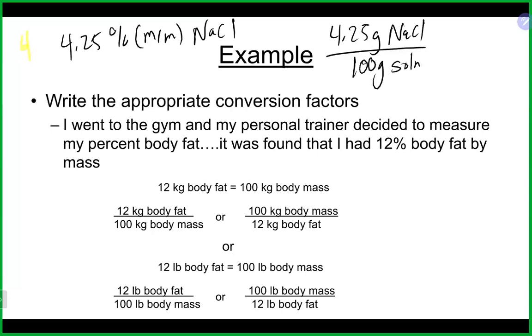So that's just an easy way to turn that into a usable conversion factor. You could also flip it around: in 100 grams of solution, there would be 4.25 grams of sodium chloride. So a lot of times in chemistry, we are given things in percentages, and again, just assuming 100 is an easy way to turn it into a usable unit. Any questions on that there?